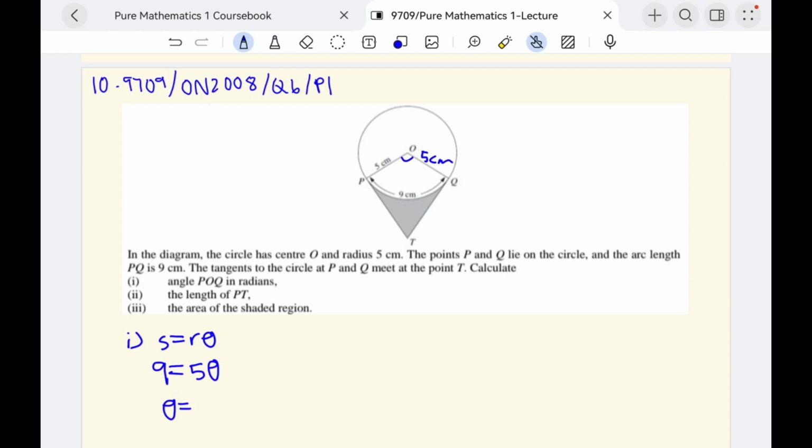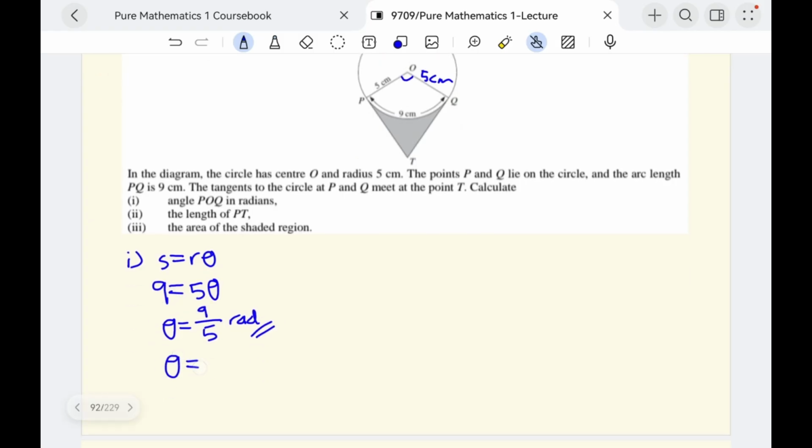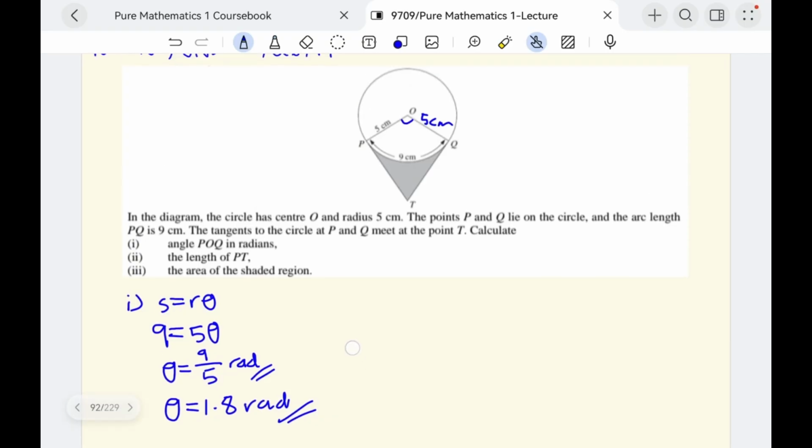You can leave it in fraction form in radians, or in decimal form, which is 1.8 rad. So that's all for this part.